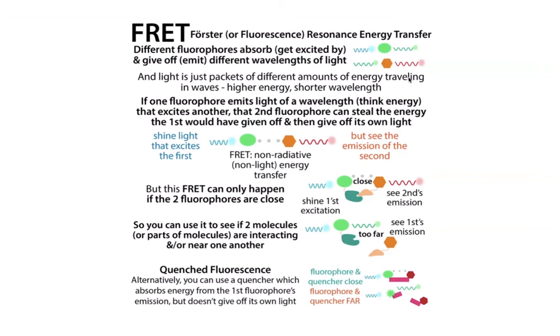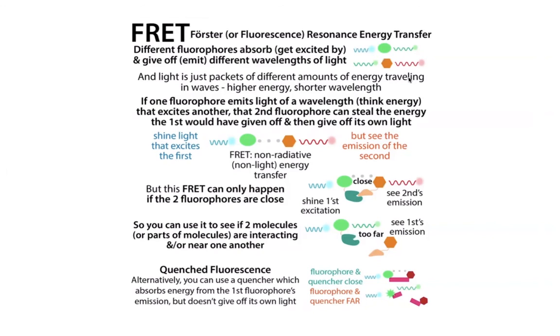So I know that was a lot, but hopefully the examples were helpful and kind of cool and not just overwhelming. Remember that you don't need to know all those details. They were just examples. Instead, what I want you to focus on are those concepts. So with FRET, you have two molecules, two fluorophores. The first fluorophore absorbs light of one wavelength, and it emits light of a wavelength that excites the second fluorophore.